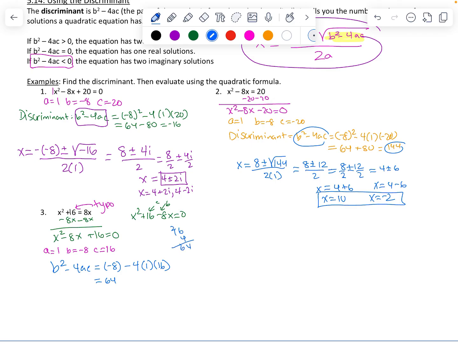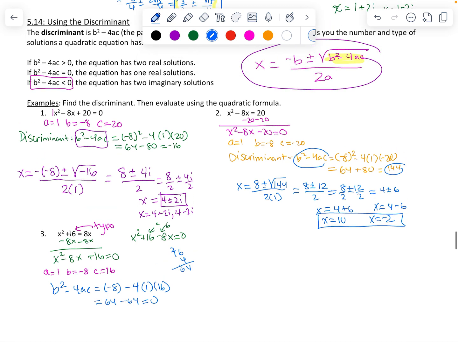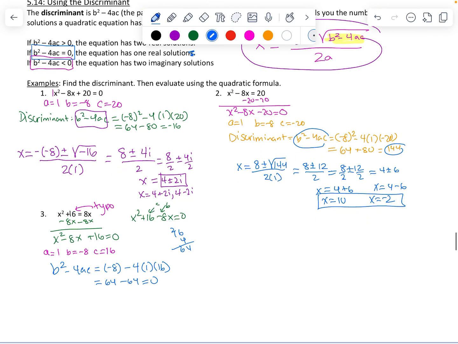You will end up getting 64. So I get 64 minus 64, and I get 0. And you'll notice if you look up there, it says if b squared minus 4ac equals 0, the equation has one real solution. There's an extra s in there. So I'm going to get something that has one real solution in this. And I don't think we've ever had one of these quadratic formula ones before.